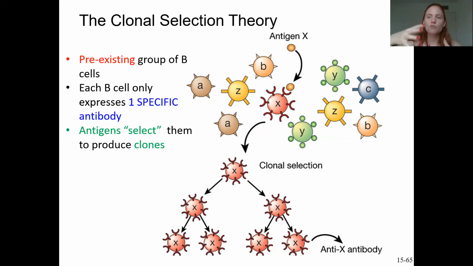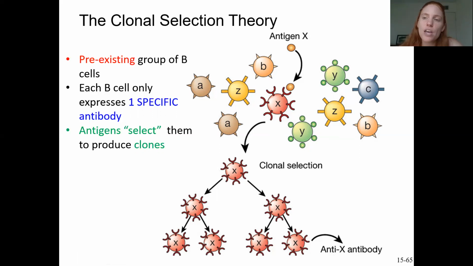So in your body, you've got this army of B cells that are just patrolling around, and each one is different from each other. Okay? So if each one is different from each other, that means that they have an antibody that is going to bind to a different antigen.